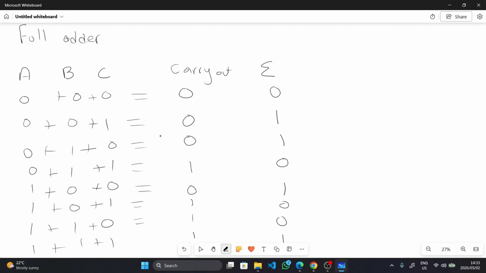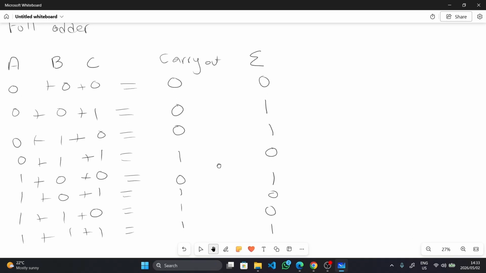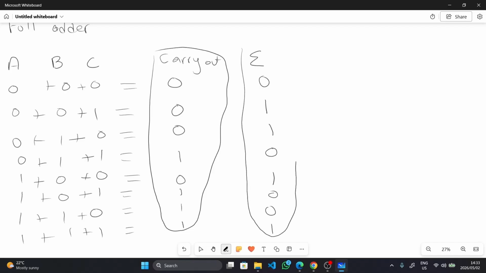You can use Karnaugh maps to get the output equations for carry out and the sum. Using Karnaugh maps, it can work out, and your output would be something like this.